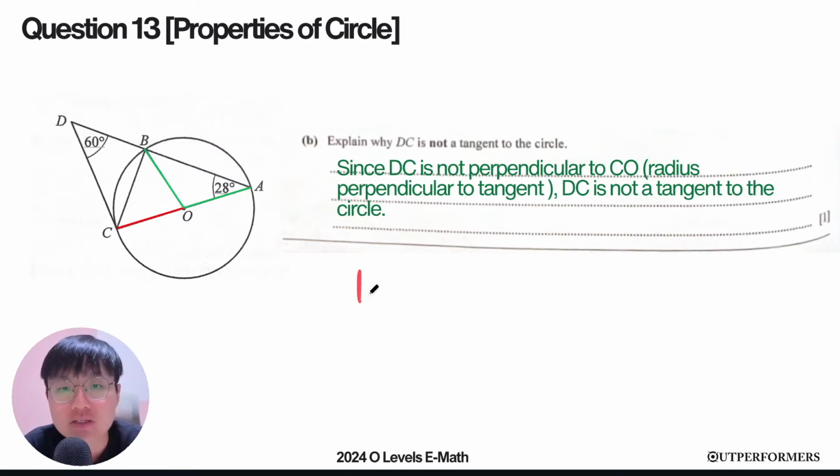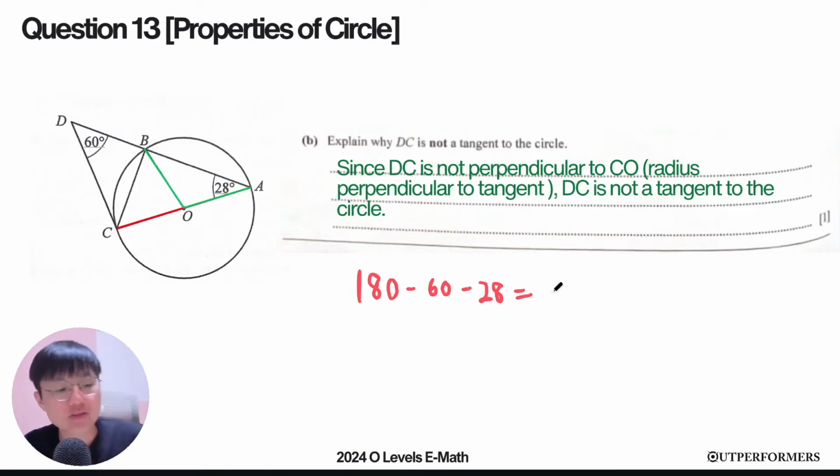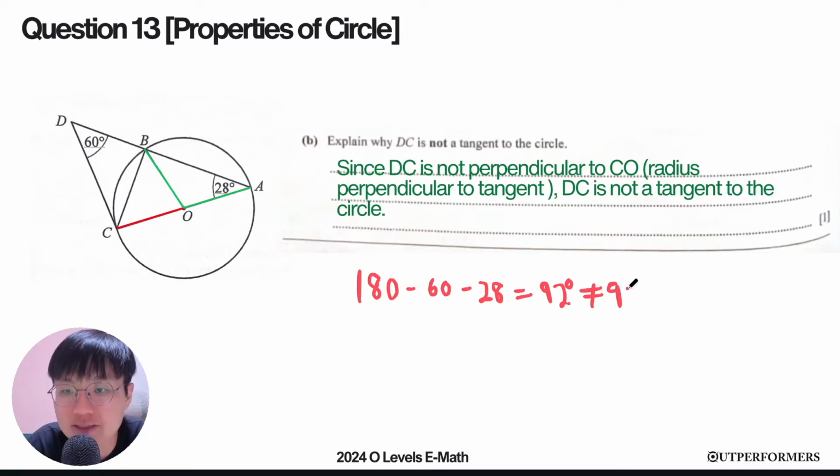So if you take 180, my numbers went missing, so I'm going to write it down, minus 60 minus 28. So when we do the sum of angles of the triangle, 180 minus 60 minus 28 is going to give you 92 degrees. And 92 degrees, of course, is not equal to 90 degrees over here.